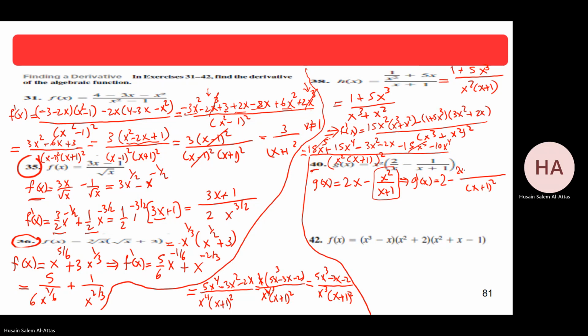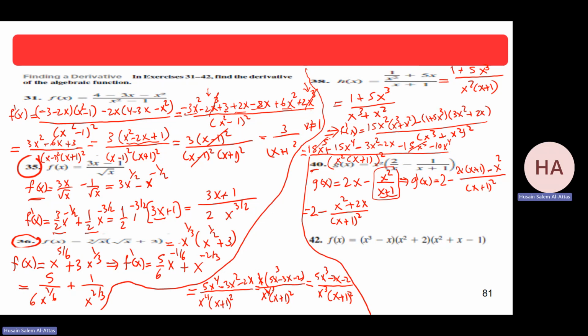2x times x plus 1, minus derivative of this, which is 1 minus x squared. So the answer is 2 minus 2x squared minus x squared, which is x squared plus 2x, over x plus 1 squared.